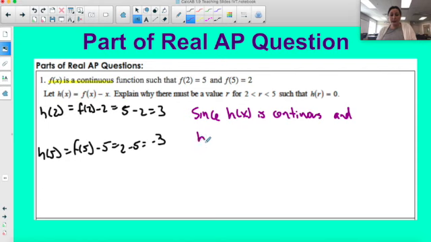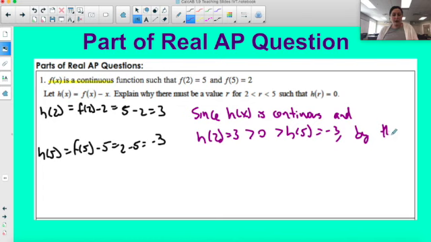You can get fancier and say h of 2, which is 3, is greater than 0, which is greater than h of 5, which is negative 3. So 0 is between these two values. So since those things are true, then by the intermediate value theorem, and then just repeat this line.